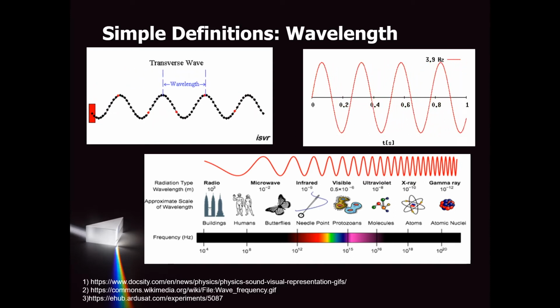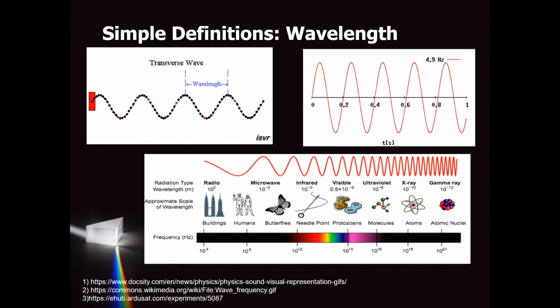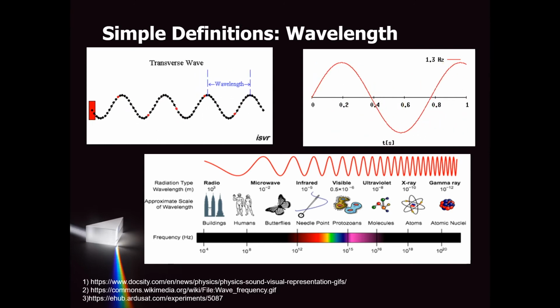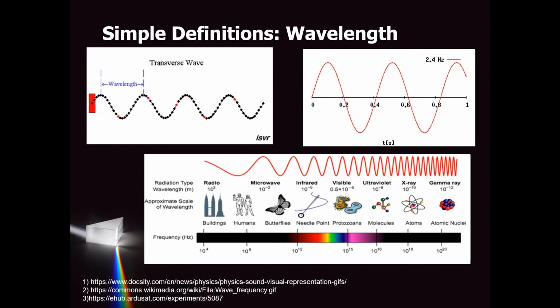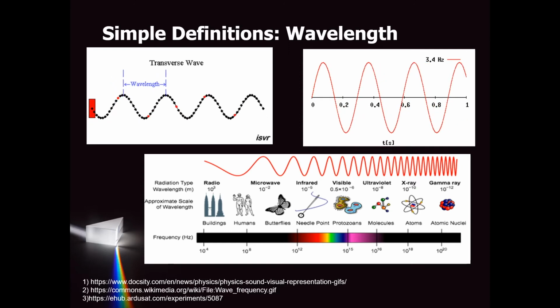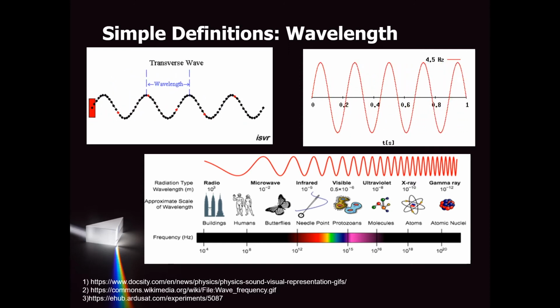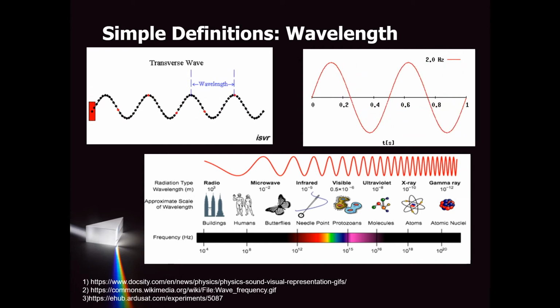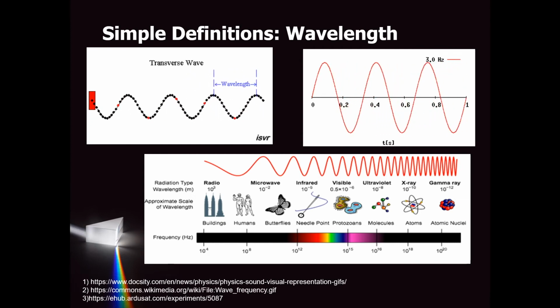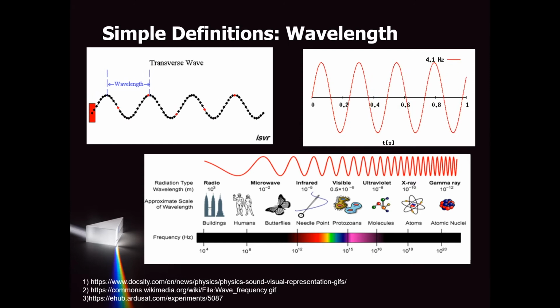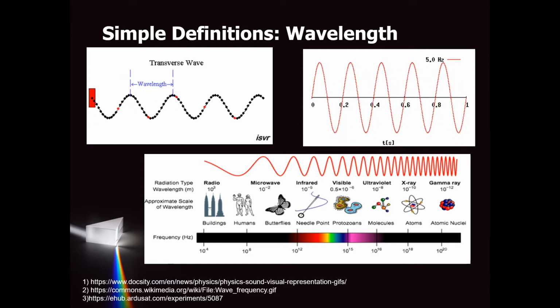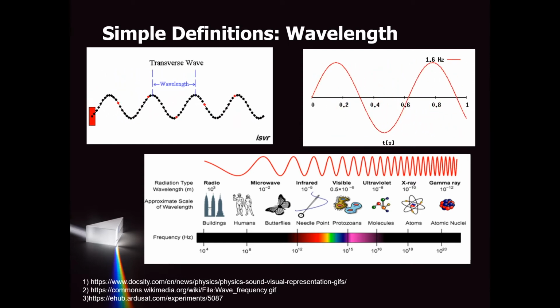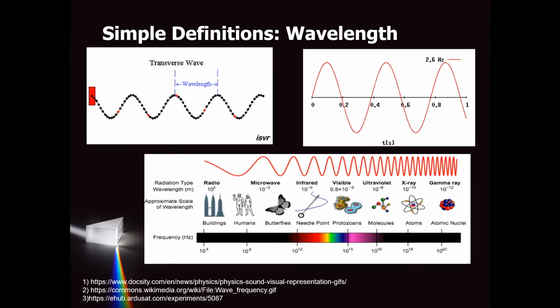And now in the bottom figure, which shows the electromagnetic spectrum, if you look at the top of this figure, you will see some wavelength units. If you go toward the left, your wavelength increases, and if you go toward the right, your wavelength will decrease. So if you go toward the right here, you are getting toward the X-ray.